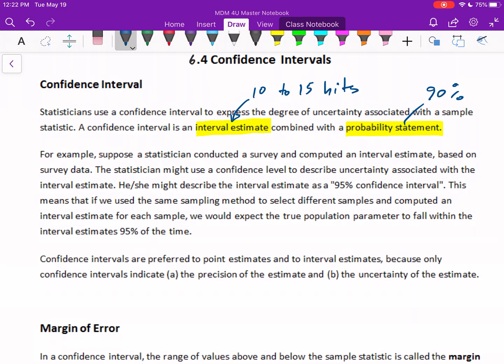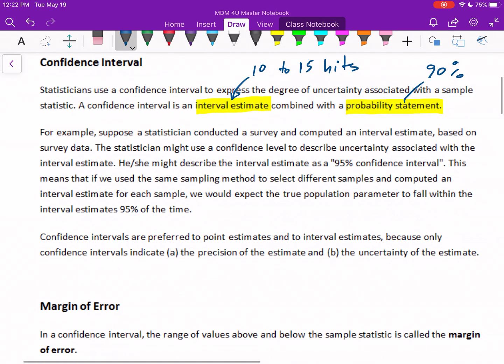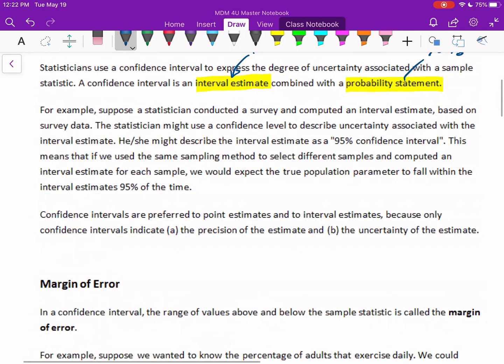So if I'm 90% certain that 10 to 15 hits would be the range for a baseball game, then maybe I would be 95% certain with 8 to 17 hits. So I might need to make that range a little bigger, right? Instead of 10 to 15, I make it 8 to 17, and then I can be more certain I'm going to catch the different variables.